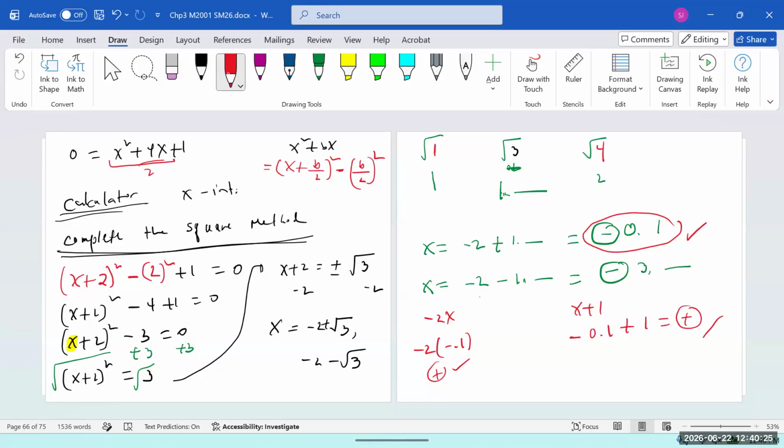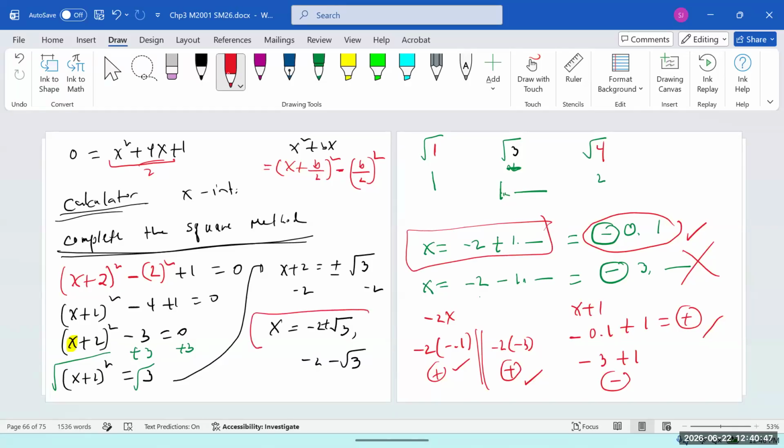Now how about minus 3? Negative 2 times negative 3 is positive, so this is safe. But this one, negative 3 plus 1, is this safe? No. So the answer is the first one, minus 2 plus this one, and we disregard the other one.